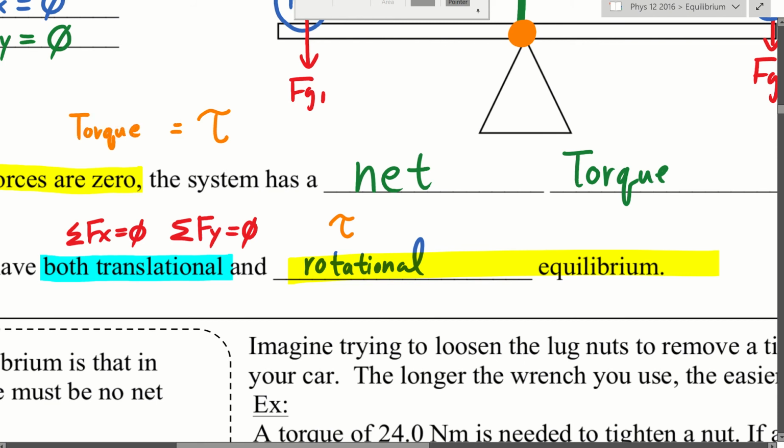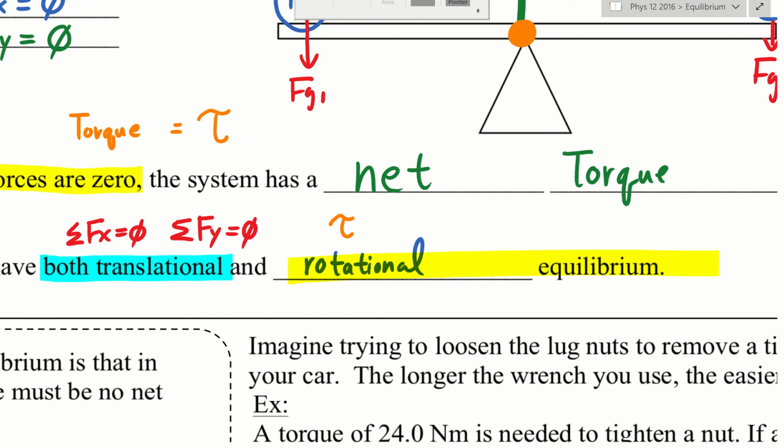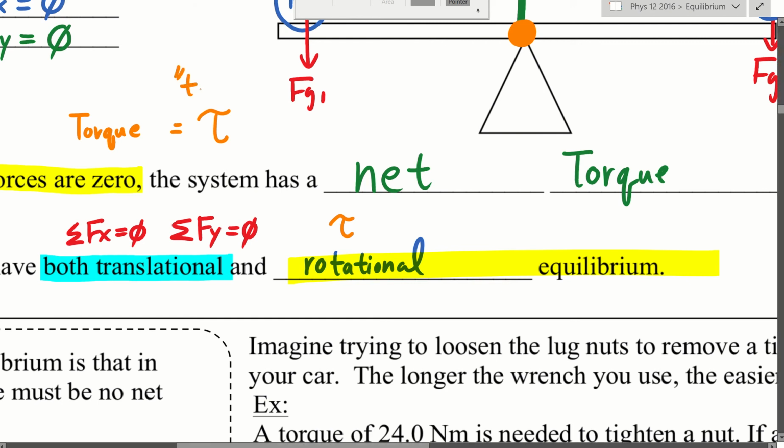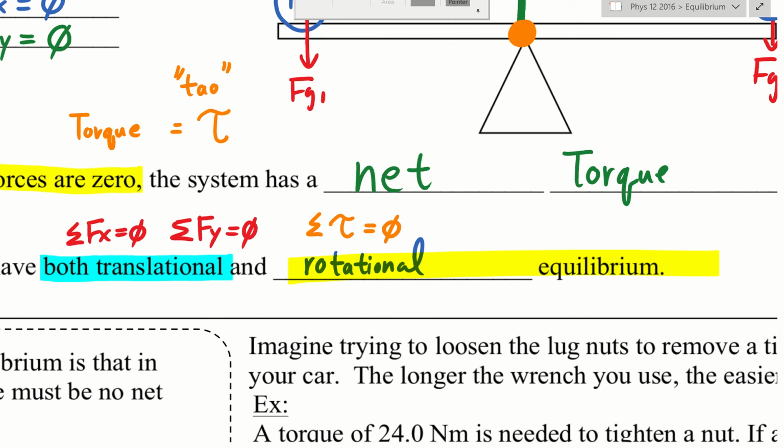Its name is tau, T-A-O, tau. But we'll just say torque. So we need to make sure that all the torque also balances out. All the forces should balance out, and all the torque should also balance out.